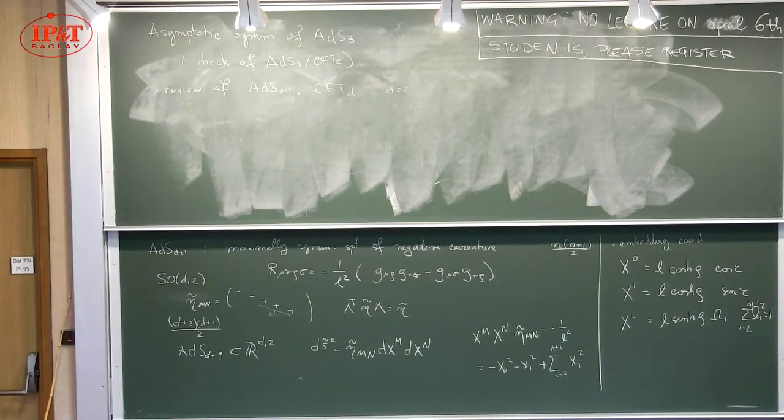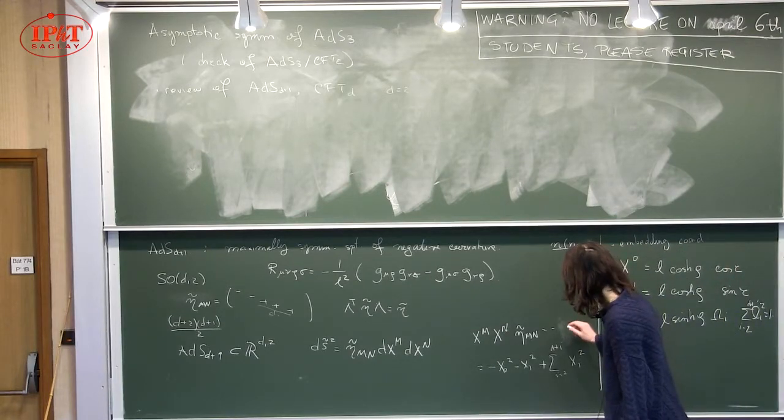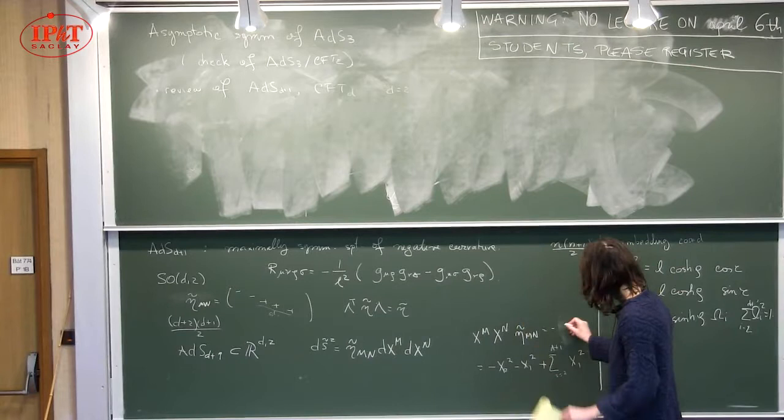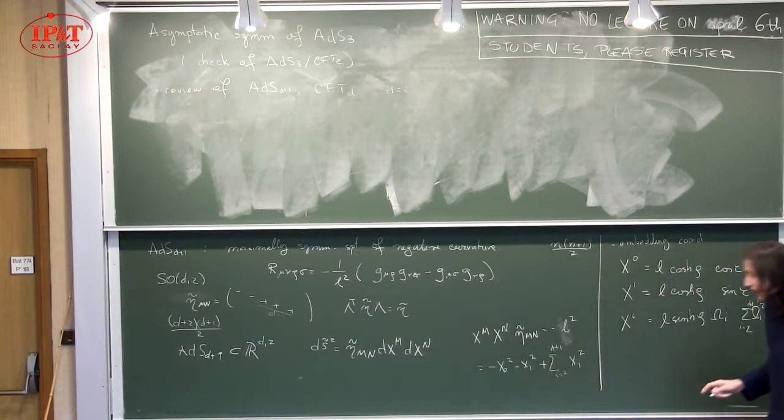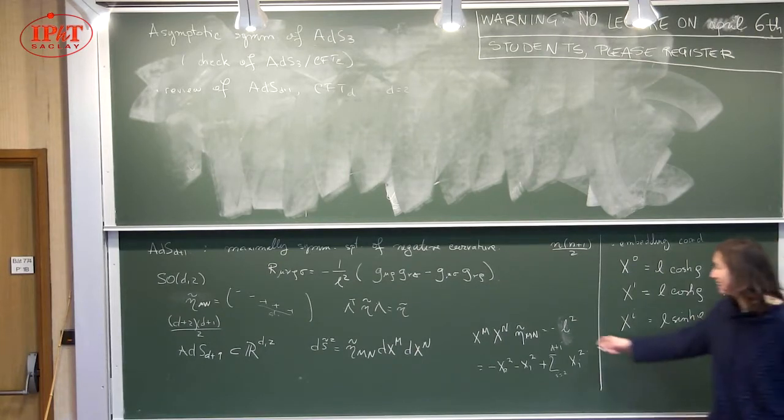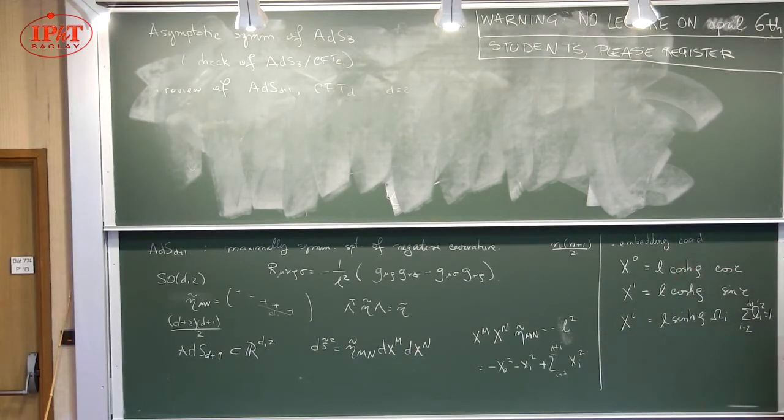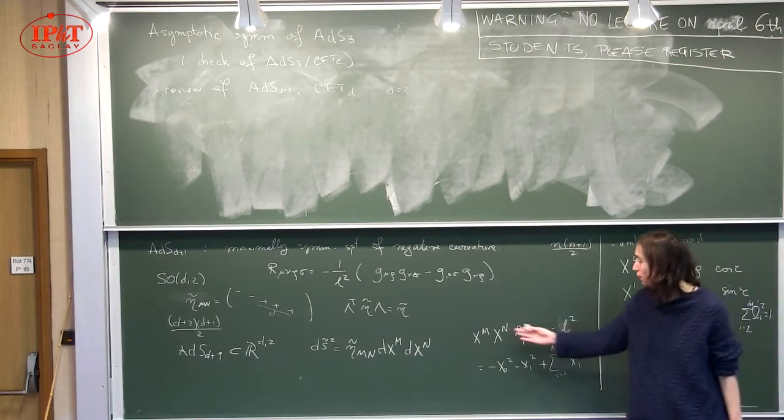L is the length, yeah. Should not be minus L squared. Right. I guess when we did the calculation, we noticed that, yeah, you're right. It has dimensions of length.